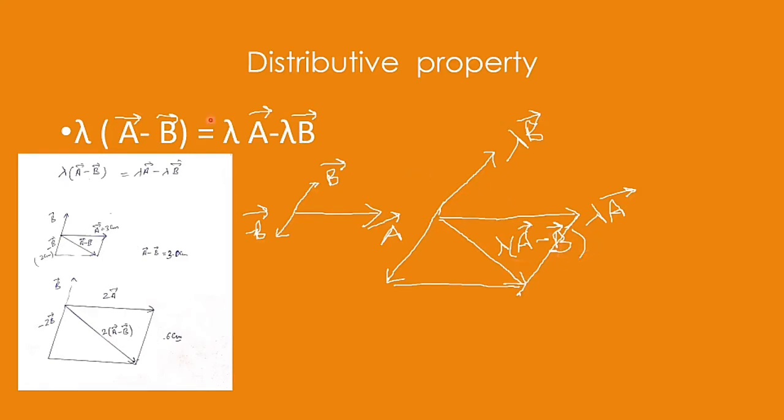So either I write this way or I write this way, my result is coming out to be the same. So it means vector subtraction is distributive, but it is non-commutative and non-associative. You have to keep this thing in your mind.